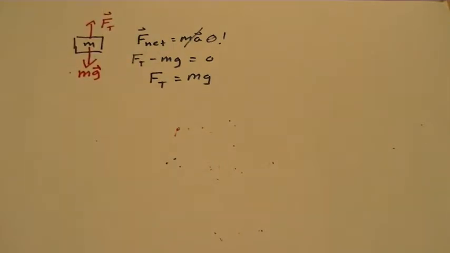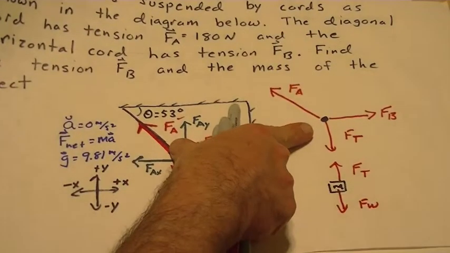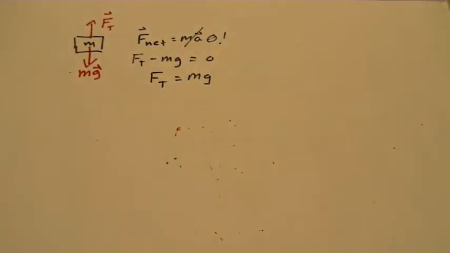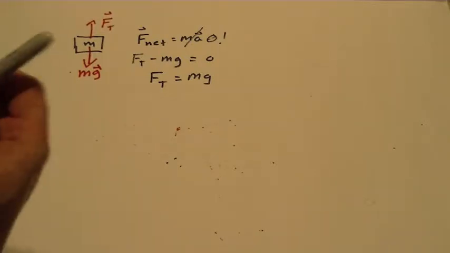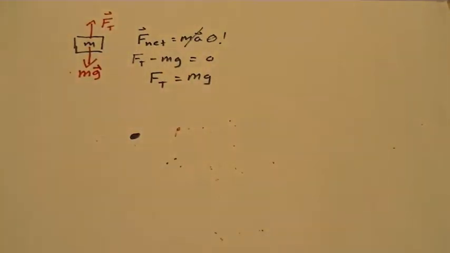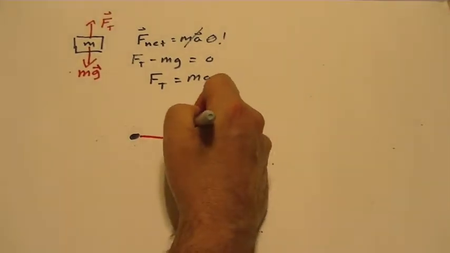So the next step is to look at these forces that come together where the string is tied. Now those forces, I'll do right here. Acting there, again, I have the force Fb.